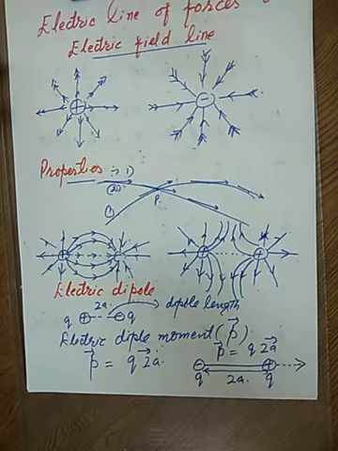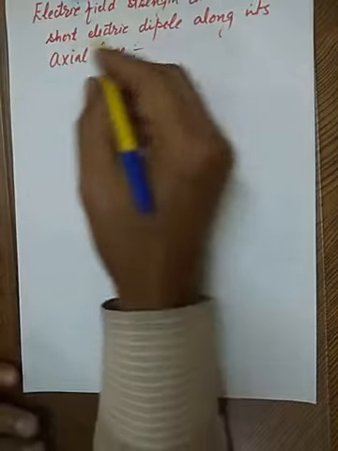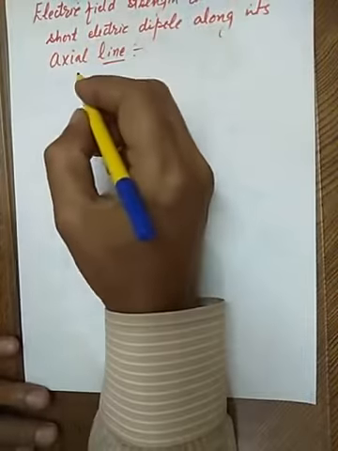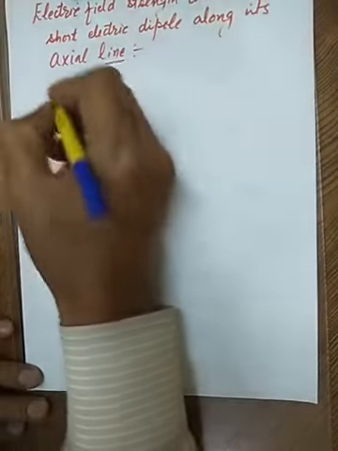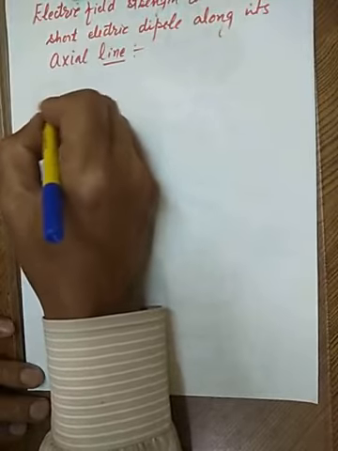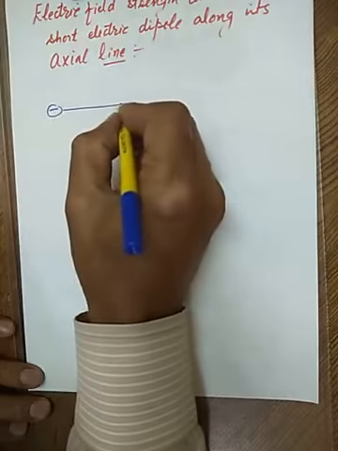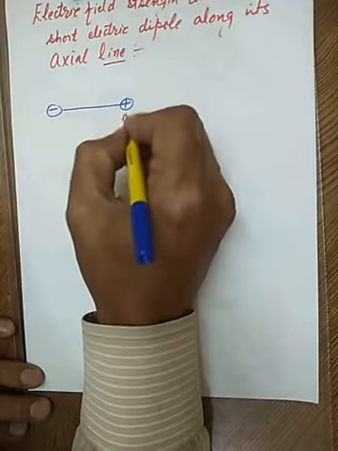Our next topic is to find the electric field strength due to a short electric dipole along its axial line. So what is the axial line? Suppose this is a negative charge and this is a plus q charge.